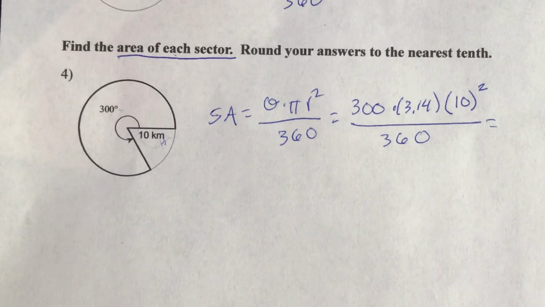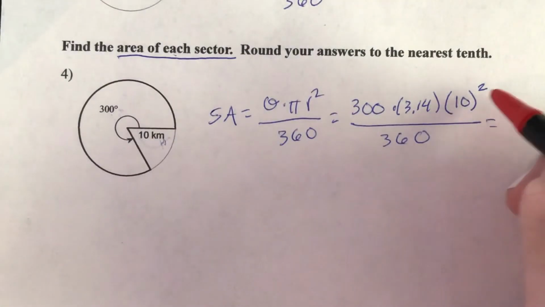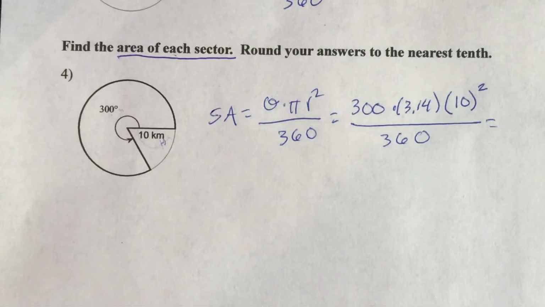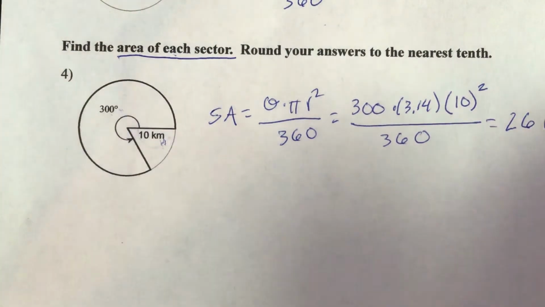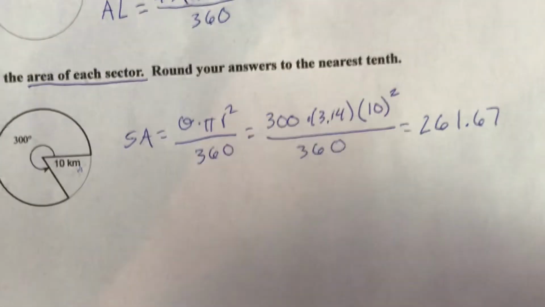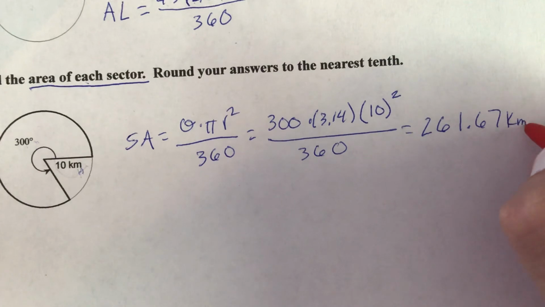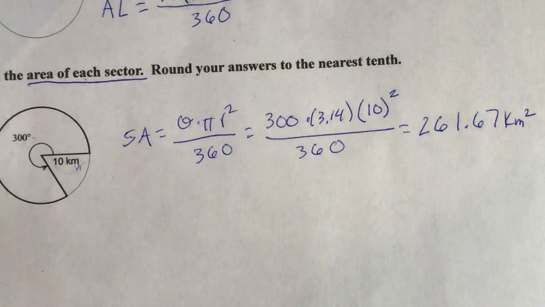And if you wanted to multiply by 100, you could, because 10 squared is 100, but you'll get 94,200, and then we're going to divide that by 360. Okay, so we got 261.67. And this would be kilometers, and since we're talking about area, we have kilometers squared.